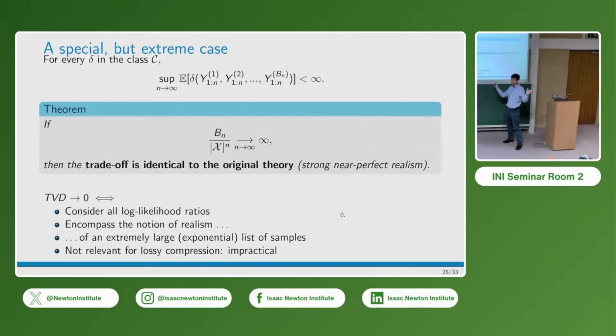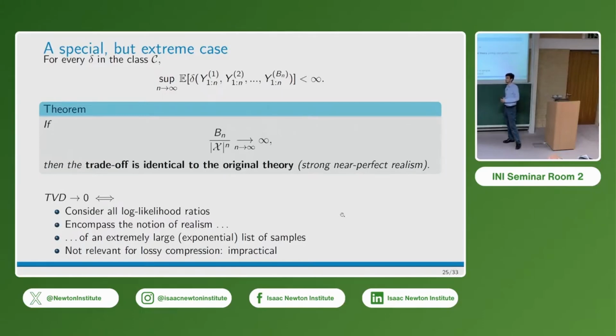All these critics or scores that encompass the notion of randomness, it takes into account, but it does so when looking at an extremely large number of samples. So we find that the divergence-based constraint is requiring realism, yes, but requiring joint realism of a very large, exponential number of samples. And this is essentially the insight we get.